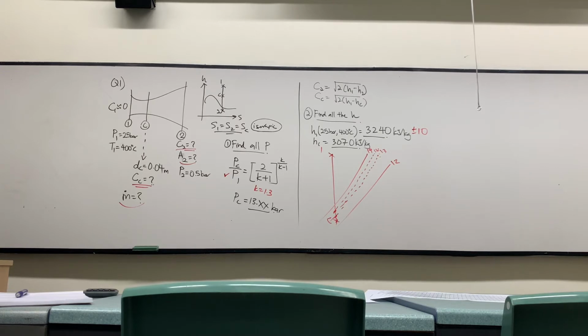Which line do you want to slant until? 25 hits the 400 straight down, right? Then from 13 point something, you slant. It's a slant line. 25 is the third.